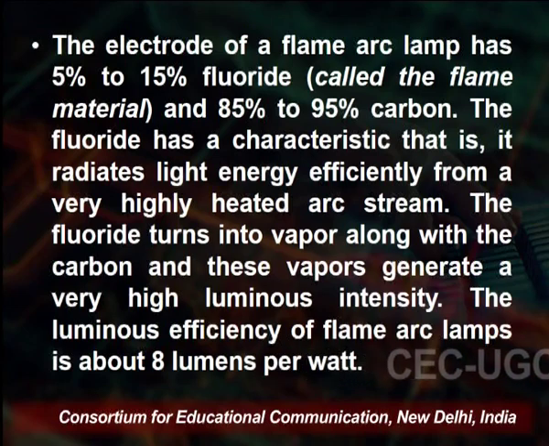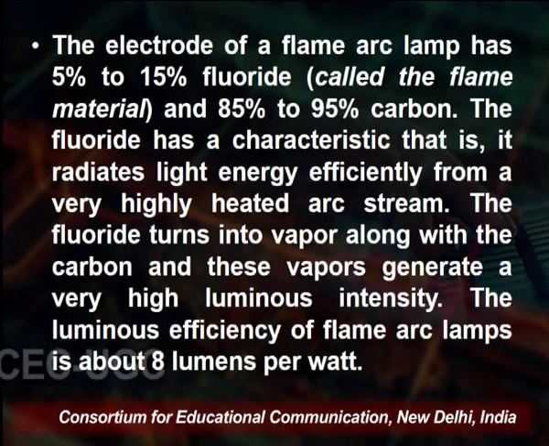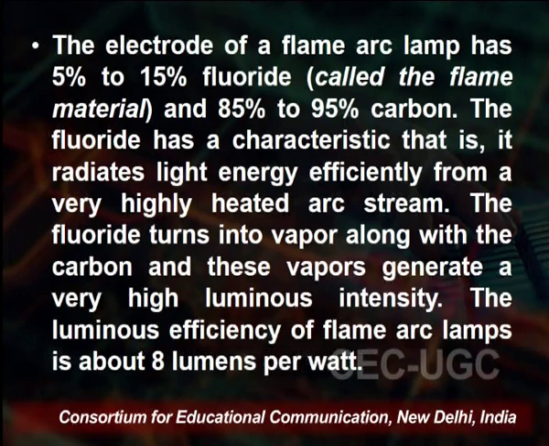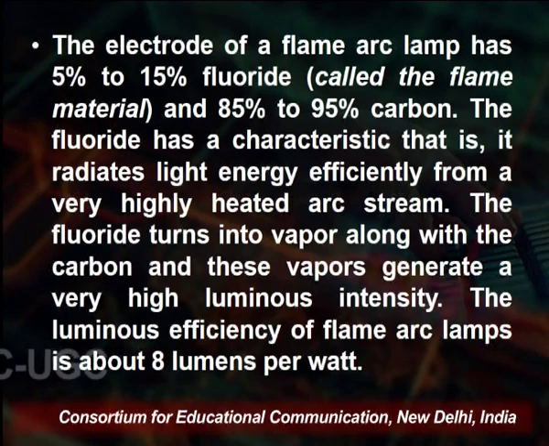The fluoride turns into vapor along with the carbon, and these vapors generate very high luminescence intensity light. The luminous efficiency of the flame arc lamp is about 8 lumens per watt.